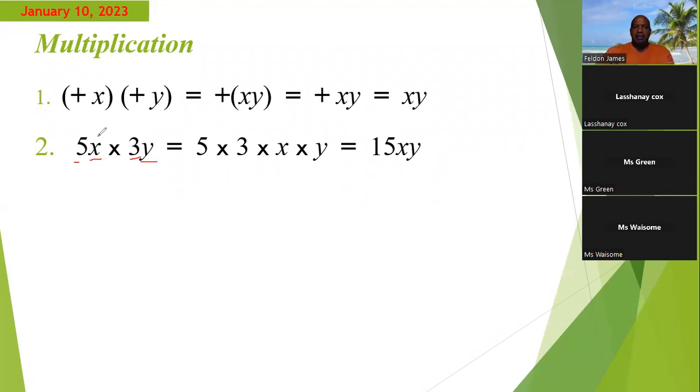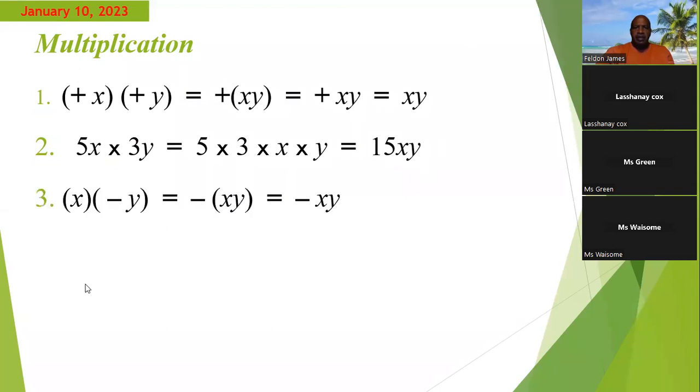So we multiply the numbers together, 5 times 3. And then separately we multiply the letters together, x times y. Now 5 times 3 gives us 15, and x times y just gives you xy. So the answer here would be 15xy.